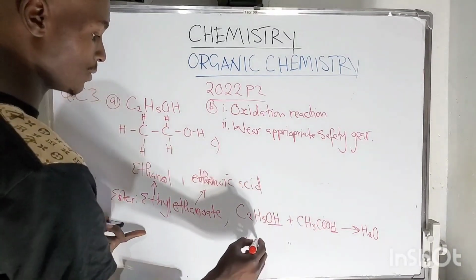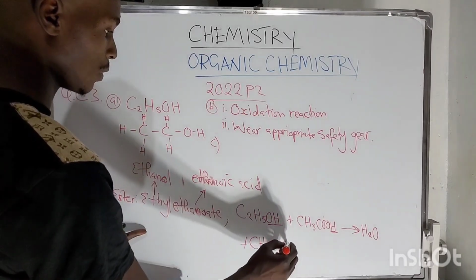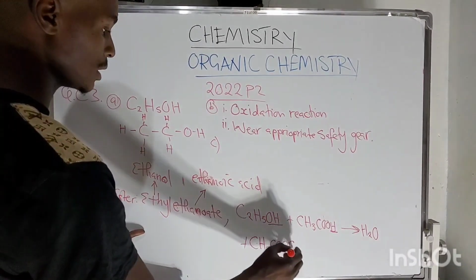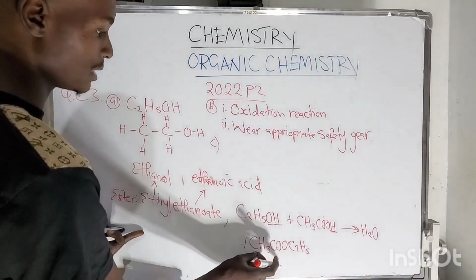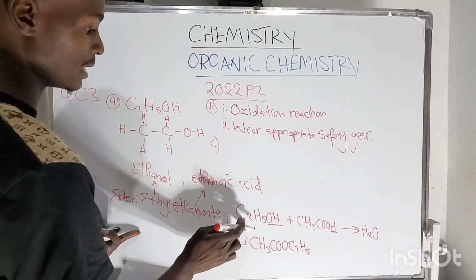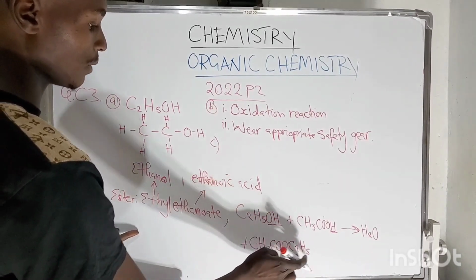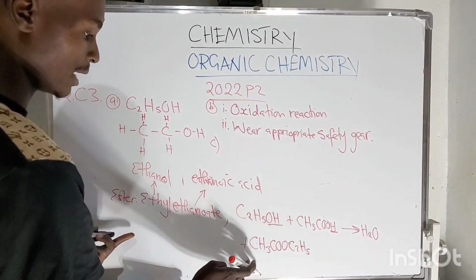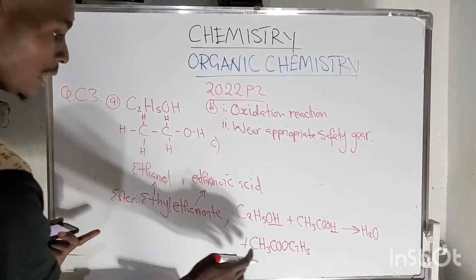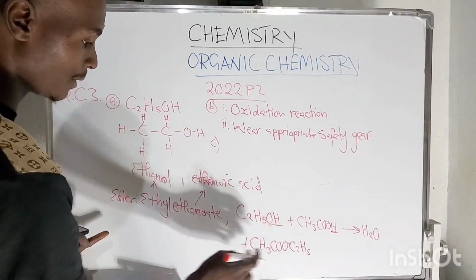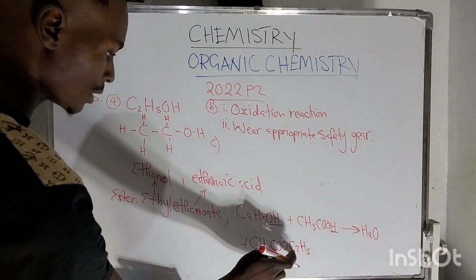Let's start with the acid, which gives CH3CO, then the alcohol part, C2H5. So CH3COOC2H5 is the formula, which can be simplified. How many carbon atoms do you have? When you look nicely, you have 1, 2, 3, 4.